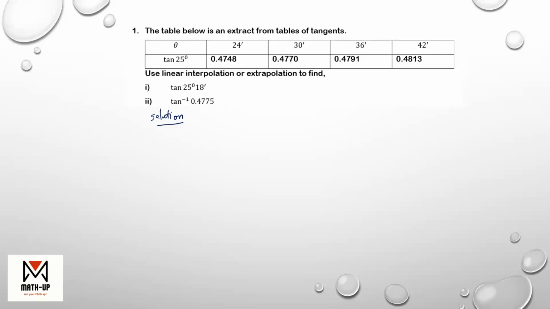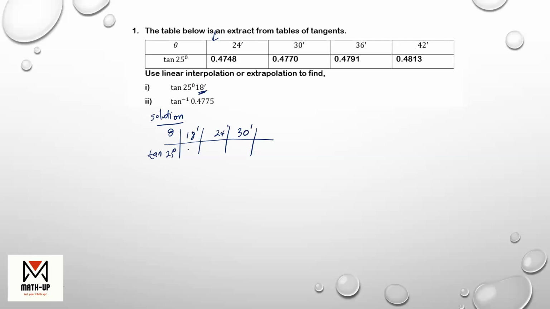So we can see that our table gives the tangents of 25 degrees at different minutes. In the question, we are looking for 18 minutes, and we can see 18 lies before 24. So we can have a rough sketch of the table like this, where this is the degrees, this is tan, 25, this is 18, this is 24, and this is 30.